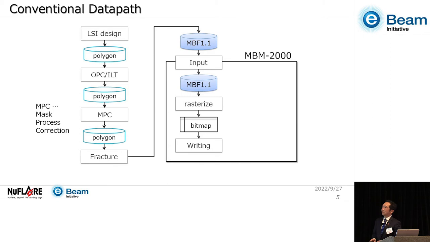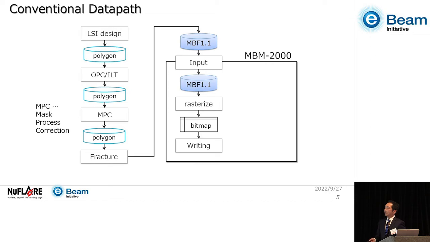And here is the conventional data path, starting from LSI design. And as Aki-san mentioned, it is Manhattan now. And after OPC, it gets curvilinear pattern, but it's still piecewise linear polygon. And doing MPC sometimes even makes it worse. The figure count even larger.